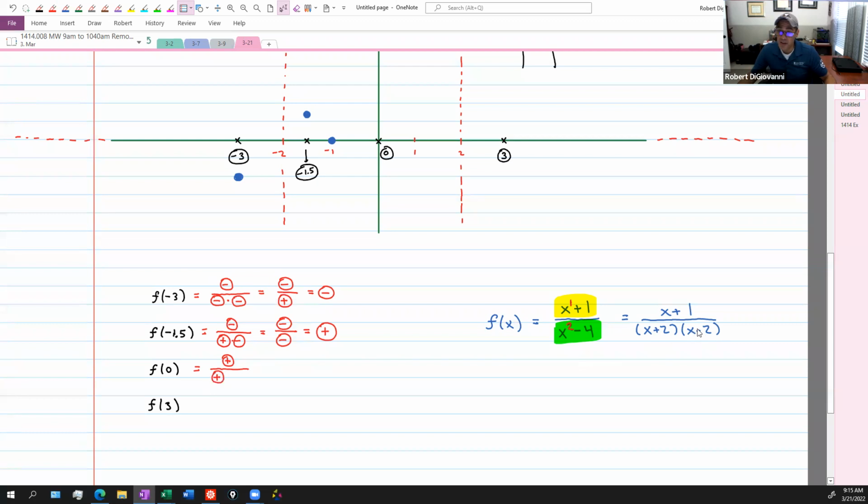And then 0 take away 2 is negative. On the top, I have a positive. On the bottom, I have a negative, because a positive times a negative is negative. And then when you divide a positive by a negative, you still stay negative. So that means when I'm at 0, I put a point below the x-axis, anywhere I want. I'm going to put it right here.